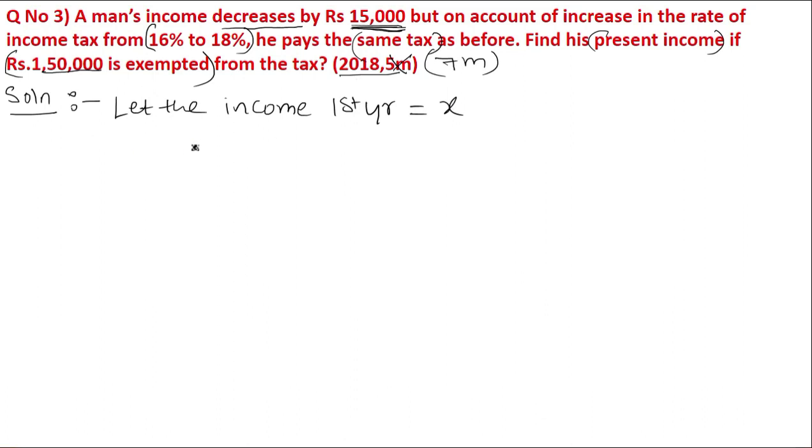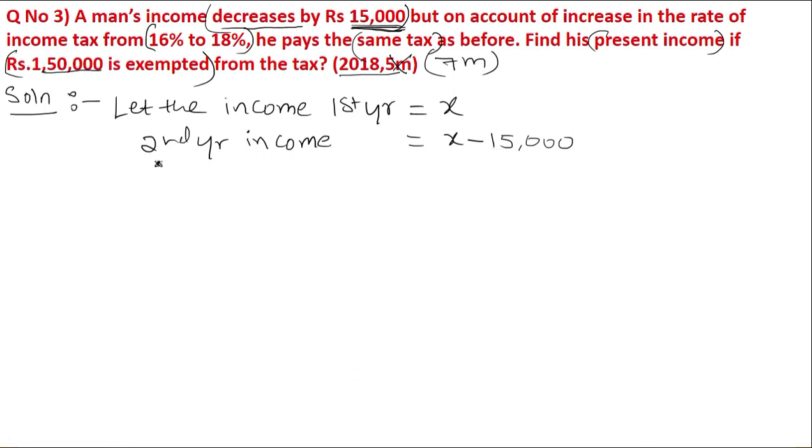Then the second year income will be how much? If the first year income is X, they have told decreases by 15,000, so the second year income is X minus 15,000.